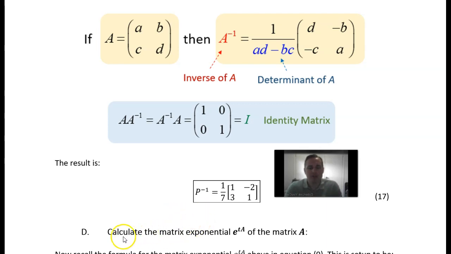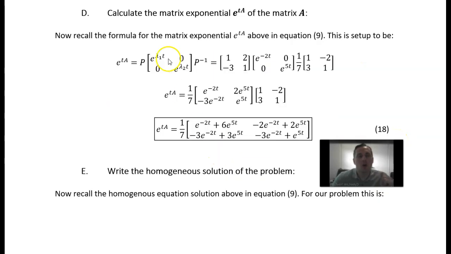Okay, the next thing we want to do is actually calculate the matrix exponential, e raised to the matrix A, using the P matrix, P inverse, and the eigenvalues. So in order to calculate this matrix exponential, we're going to recall the formula for the matrix exponential, which was equation 9 a ways ago.